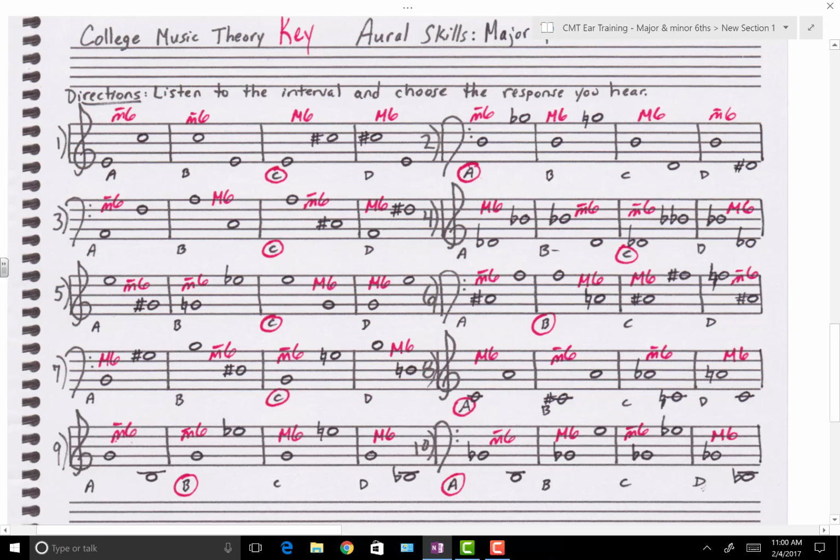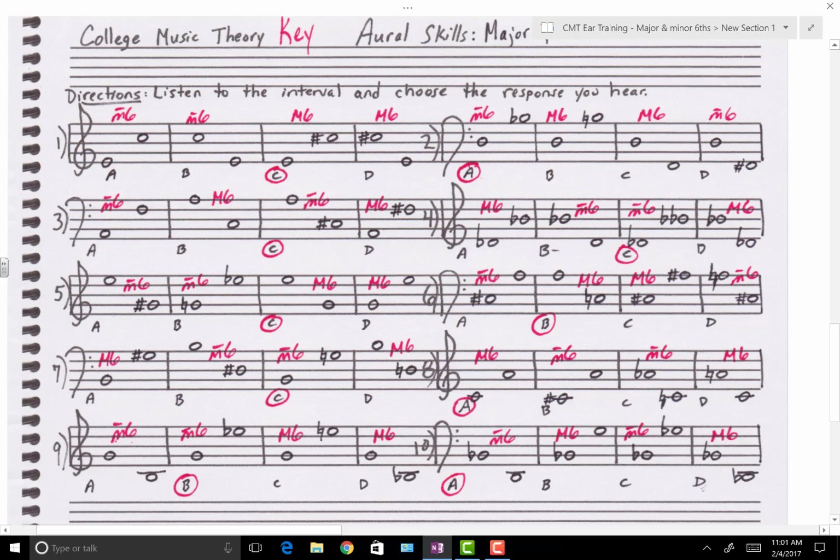A was a minor sixth ascending. 6C was a major sixth ascending. Listen to 6A and 6C back to back so you can hear the difference between an ascending minor sixth and an ascending major sixth.